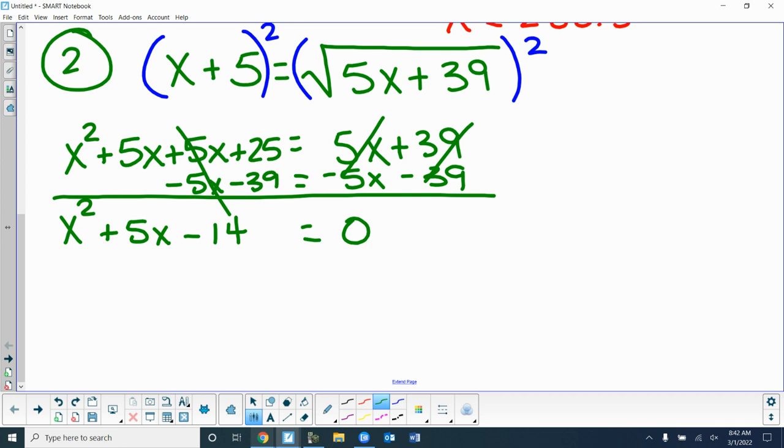So now it looks like a trinomial, a regular, easy trinomial to factor. What are the factors of negative 14 that add up to positive 5? Other way. Positive 7 and negative 2, right?